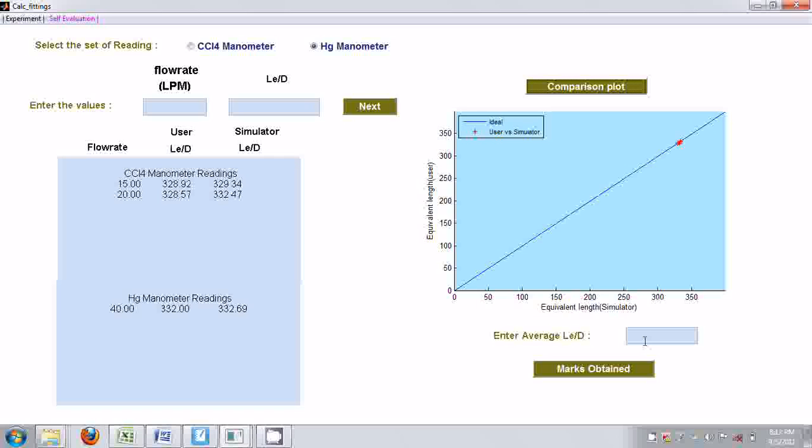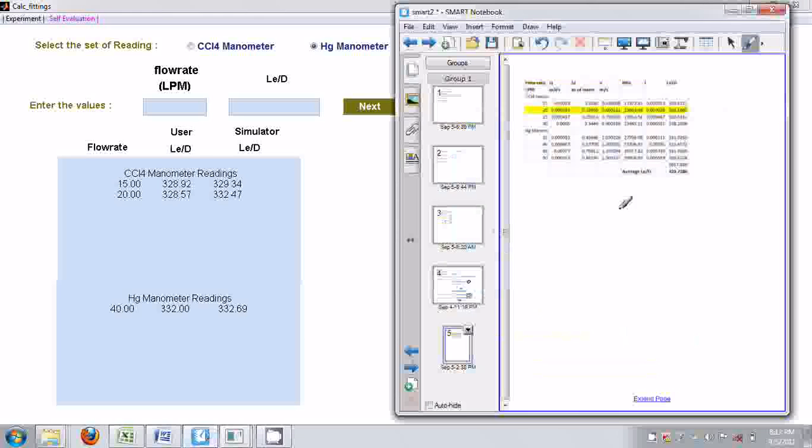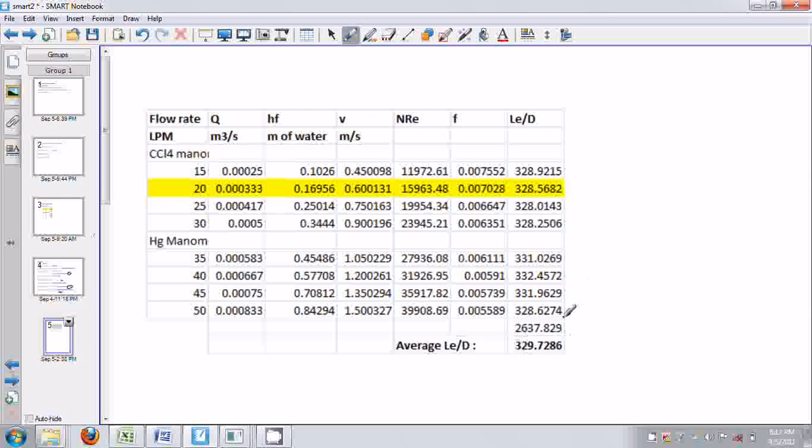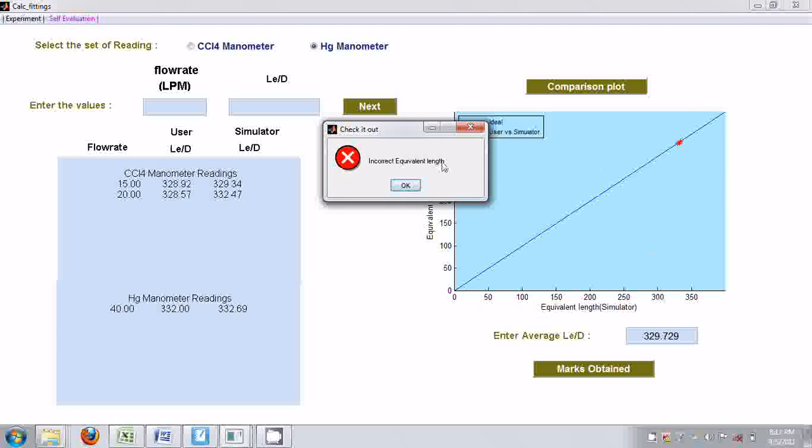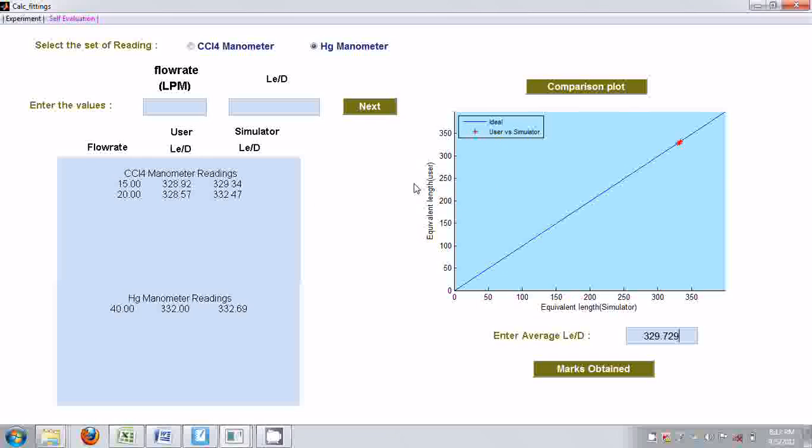And then enter average LE by D. Average LE by D is 329.728, or 329.729. Incorrect equivalent length. Okay, even a small decimal change displays incorrect.